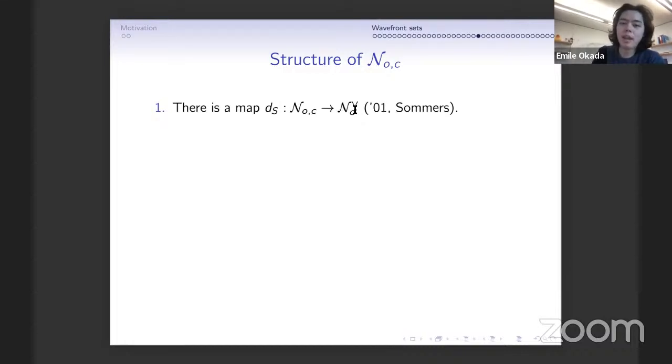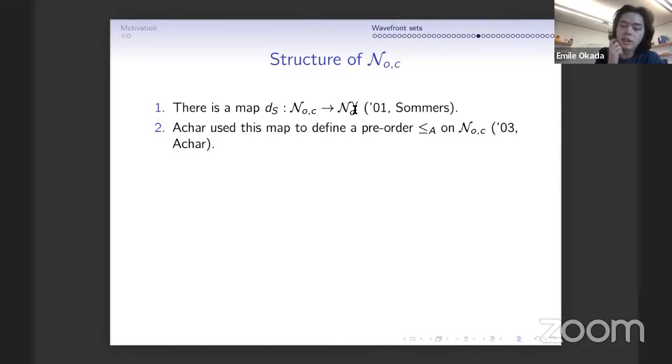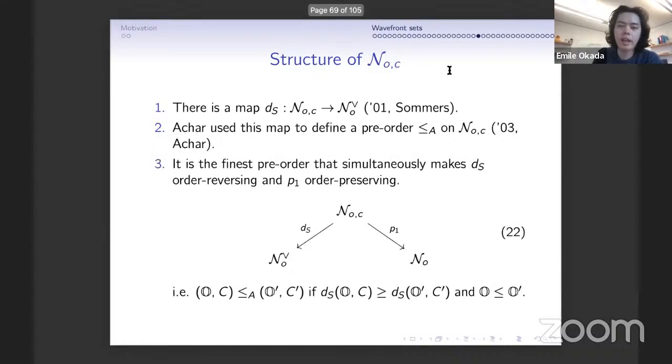And Achar later on, in 2003, used this map to define a pre-order structure on this set here. And it's a very simple, intuitive pre-order. It's the finest pre-order which makes this duality map of Sommers order reversing and this first projection map order preserving. In symbols, it's just this here.